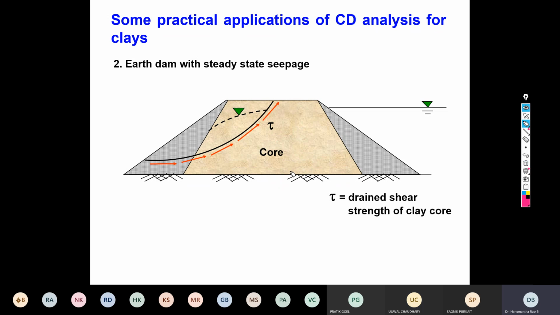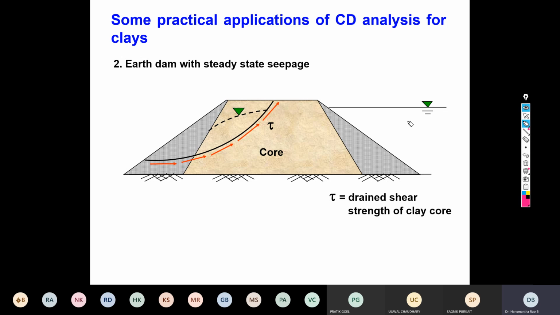So during the initial phase of construction, the entire embankment is under undrained condition. Now you allow some time, all water gets drained out, then this is UU, followed by the CD condition. But when the same embankment is used for reservoir purposes, two things will happen.